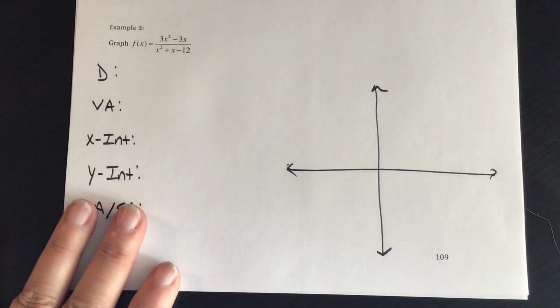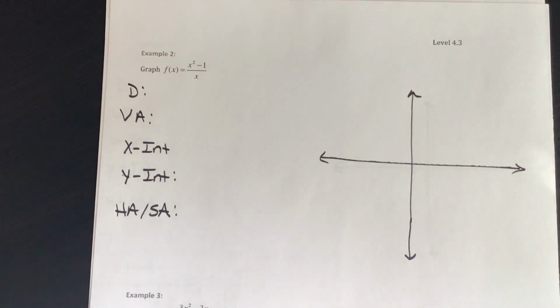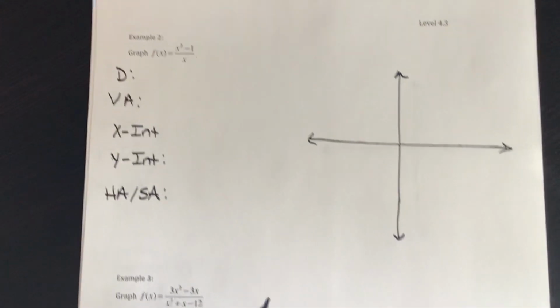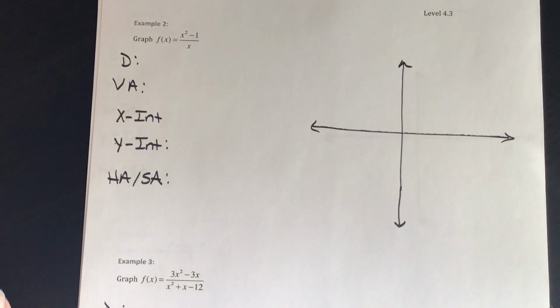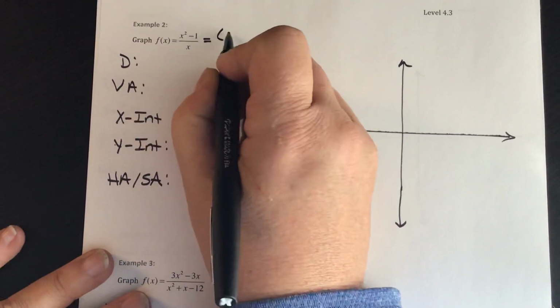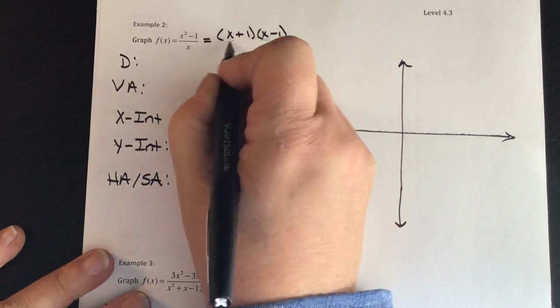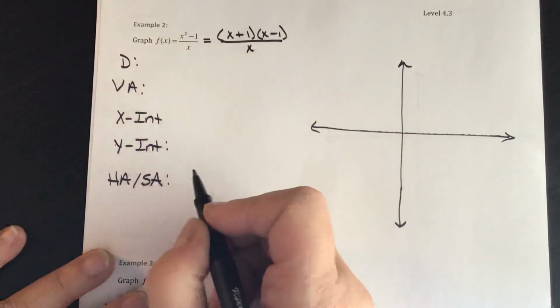So let's do another one. And these can at times look a little crazy. So this next one, we have a function. If I factor the numerator, I have the difference of squares, so x plus 1 and x minus 1, and I'm left with an x on the bottom.